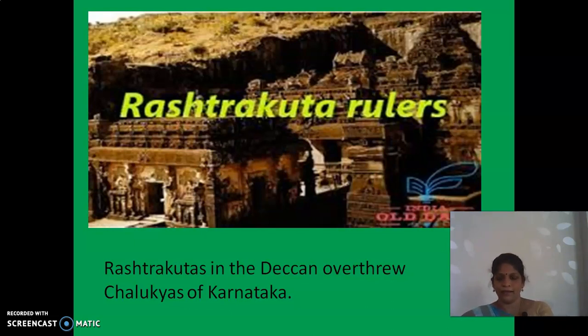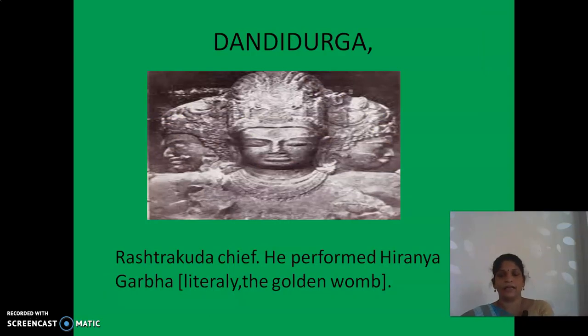The Rashtrakutas in the Deccan were initially subordinate to the Chalukyas of Karnataka. In the mid-8th century, Dandidurga was the Rashtrakuta chief. He performed the Hiranyagarbha. What is the meaning of Hiranyagarbha?